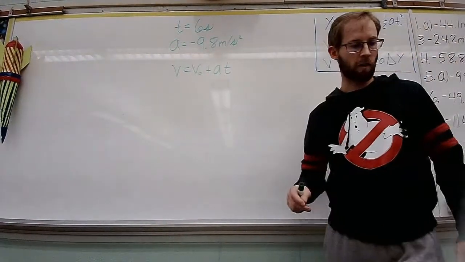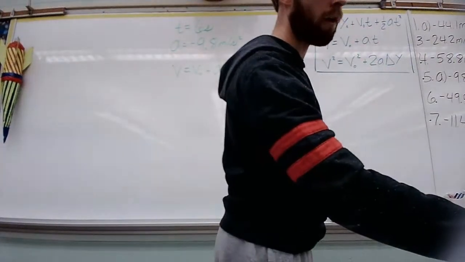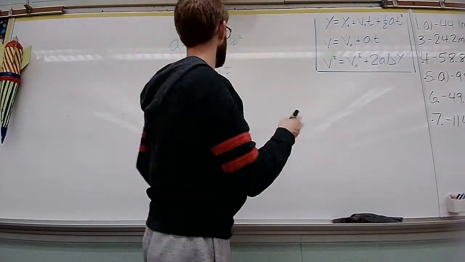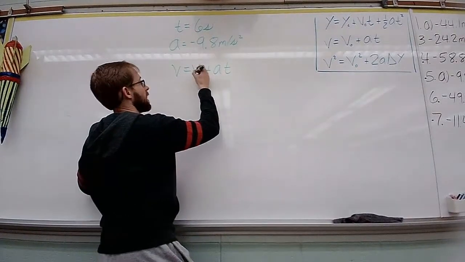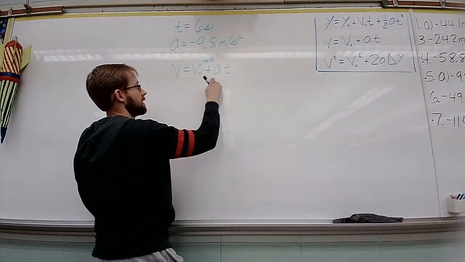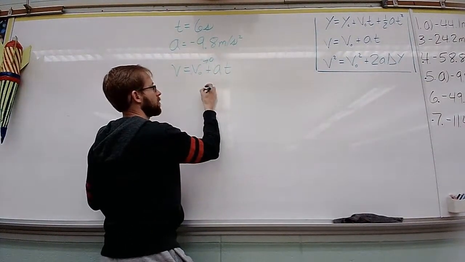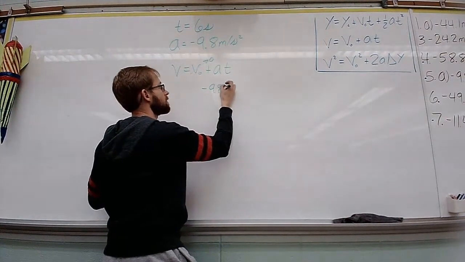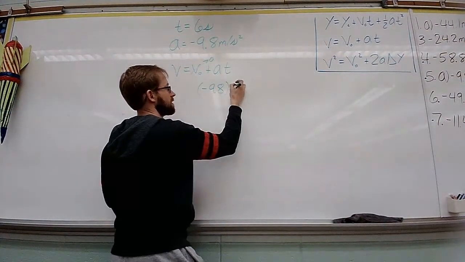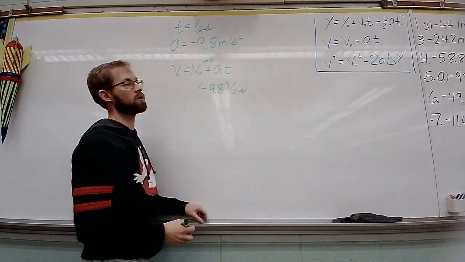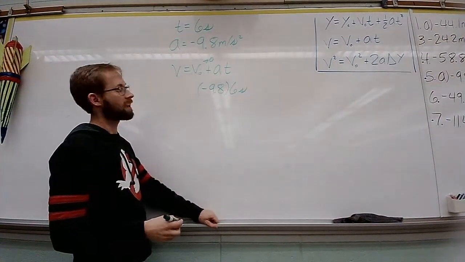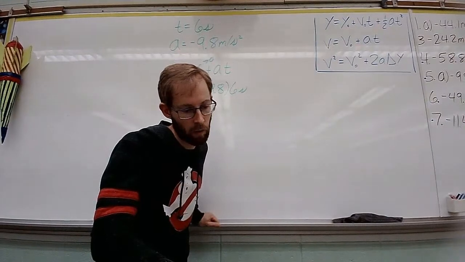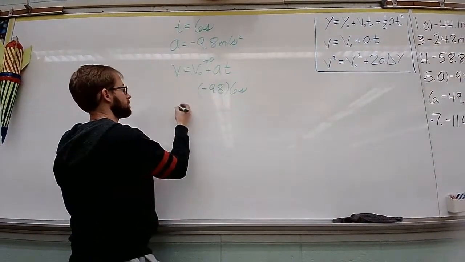For all these problems, it says I have free fall with an original velocity equal to 0. So original velocity is 0. Acceleration is negative 9.8. Time is 6 seconds. So you just do a little bit of multiplication, and your velocity then is going to be equal to negative 58.8.